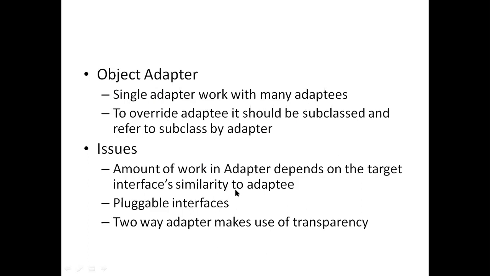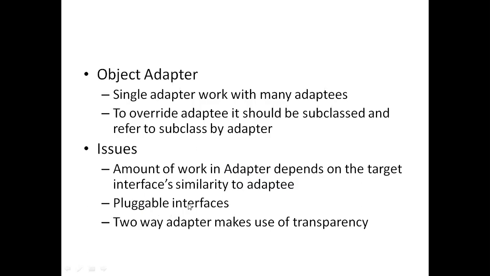The issues in adoptee will be such that the adapter has to take care of the changed interface. Depending on how much the adoptee takes care, the adapter can change. And if the adoptee cannot change much, then the adapter has to change the interface totally.